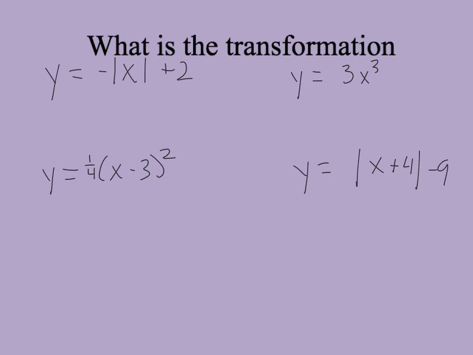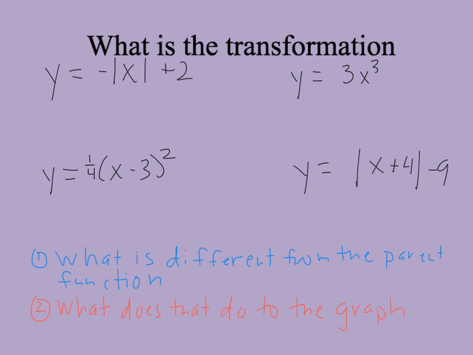So first, if I give you an equation and ask what is the transformation, these are the questions you should be asking yourself. First, what is different from the parent function? What was added? And second, what does that do to the graph? If I look at this first problem, what's different than the parent function? There's the absolute value, which is not in my parent function, and this is also not in my parent function.